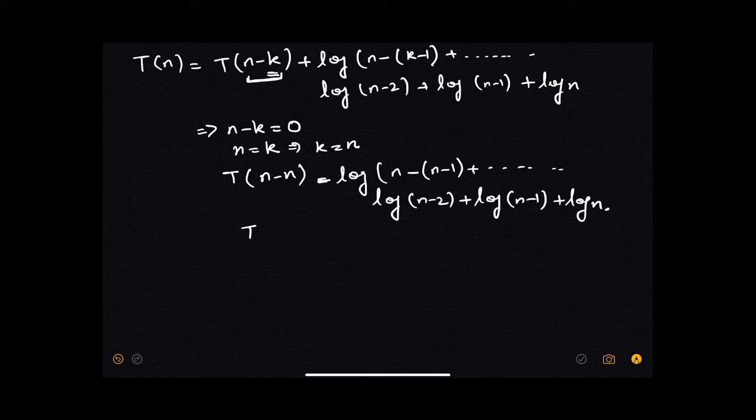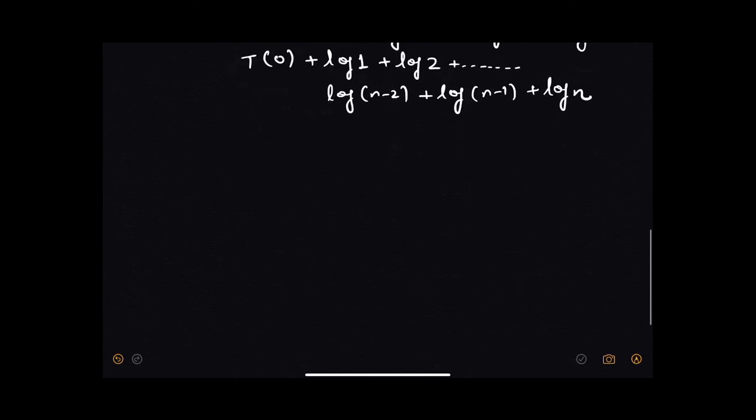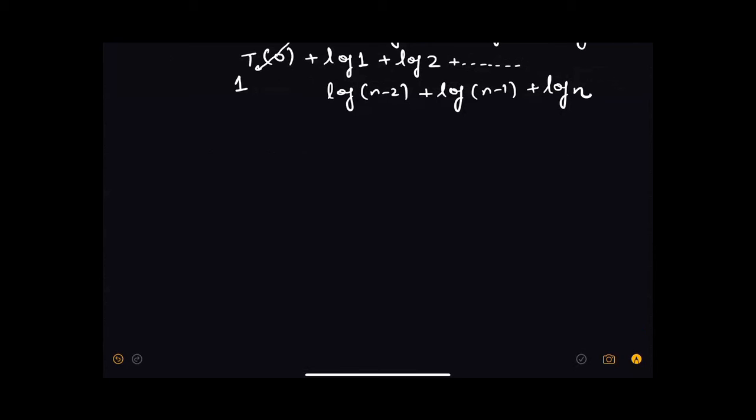This is T(0), and the value of T(0) I was having as 1. So this becomes some constant 1 plus the logs.